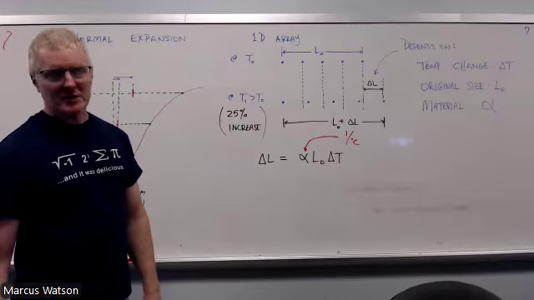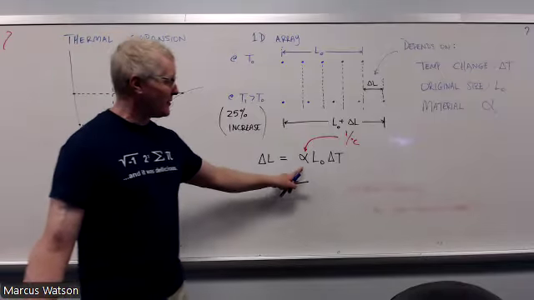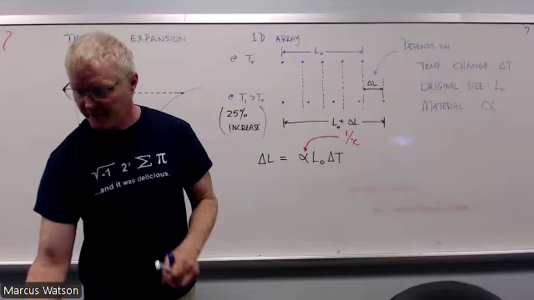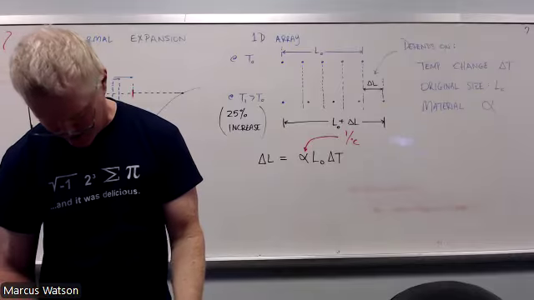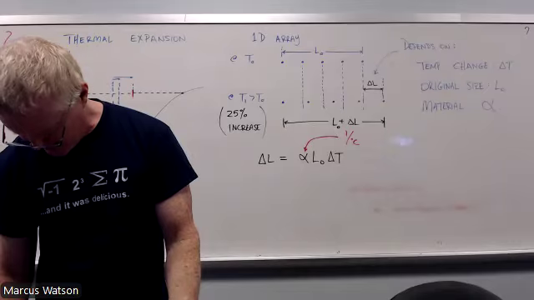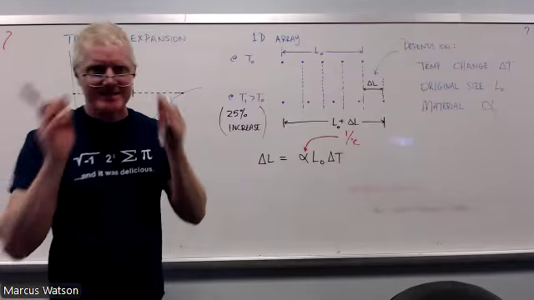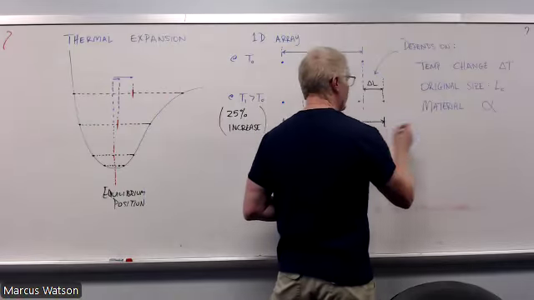So just by way of how big is this alpha for materials. I had a table of a couple of these things here. They're usually in the 10 to the minus 6 or 10 to the minus 5 range for things like metals.